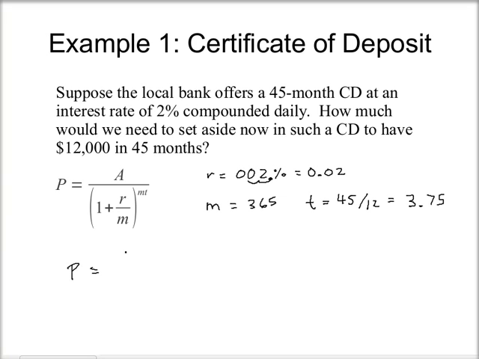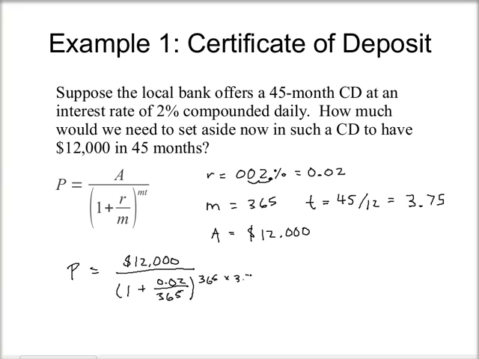So P is going to be equal to, well, A is the amount I want to have at the end of the 45 months, and that is $12,000. So P is going to be equal to $12,000 divided by (1 plus R, which is 0.02, divided by M, which is 365), and then this bottom part is to the power of 365 times 3.75.